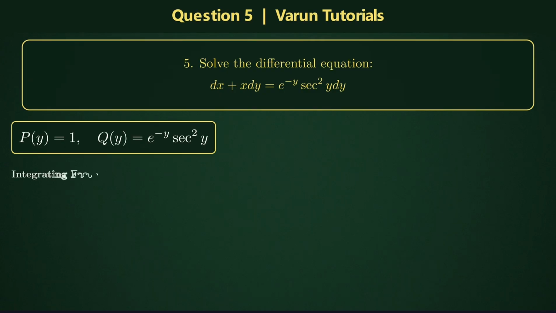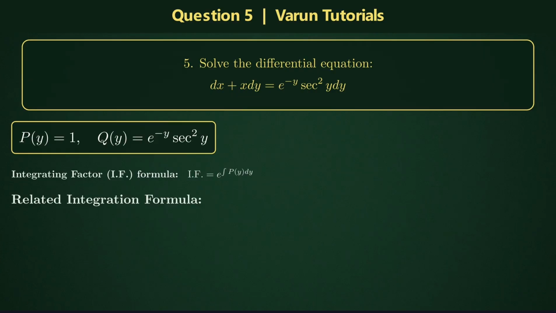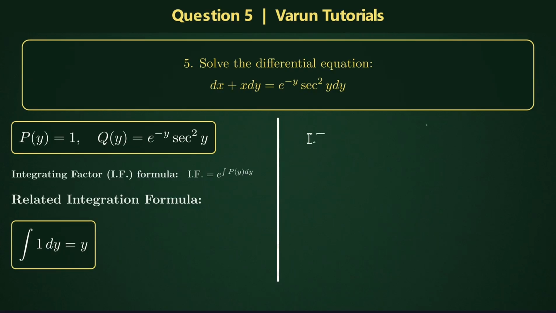The integrating factor, or IF, is calculated using the formula, e raised to the power of the integral of p of y, dy. Let's recall the basic related integration formula. The integral of 1 dy with respect to y is simply y. Substituting p of y equals 1 gives e raised to the power of the integral of 1 dy, which evaluates directly to e to the y.